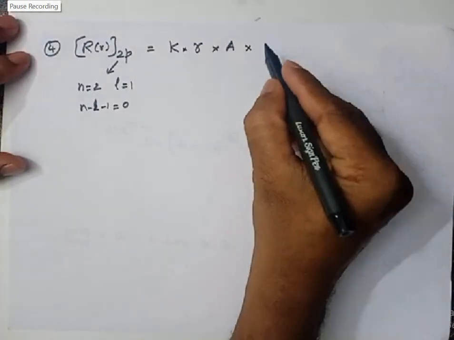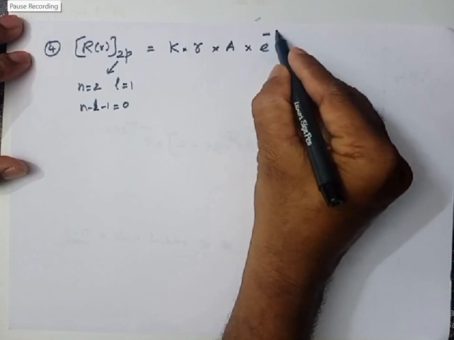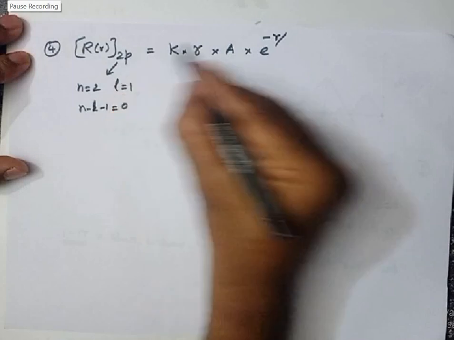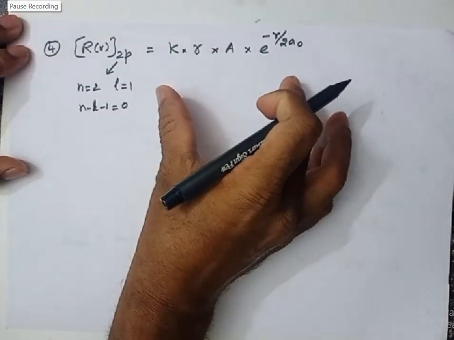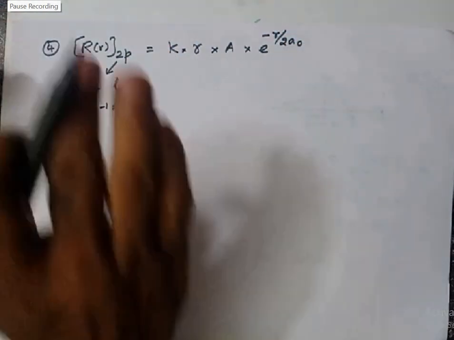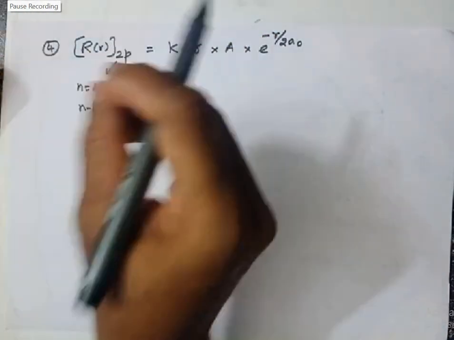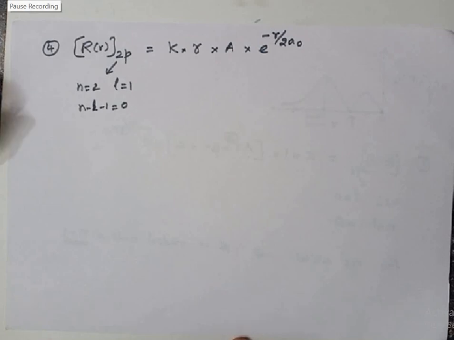Then e power minus r by 2a naught, since n value is 2. Is this correct? Yes, this is the radial part. That's all. So in this manner, you can write the radial part of the wave function for any orbital. Okay, this is the idea.